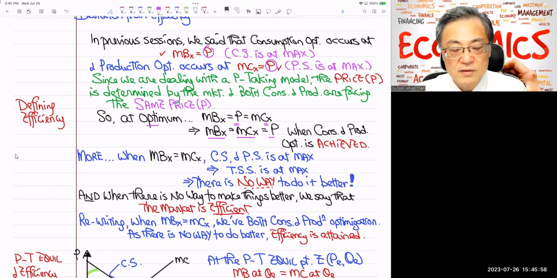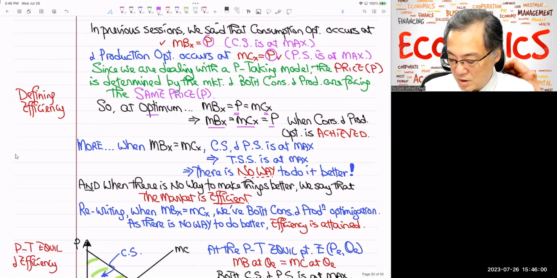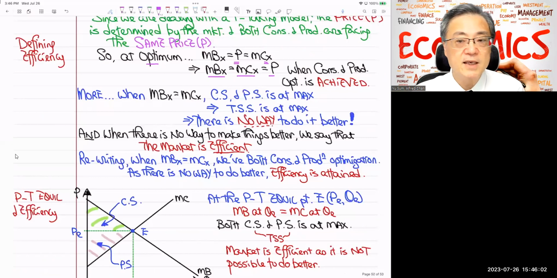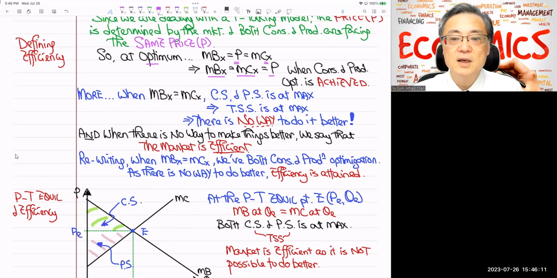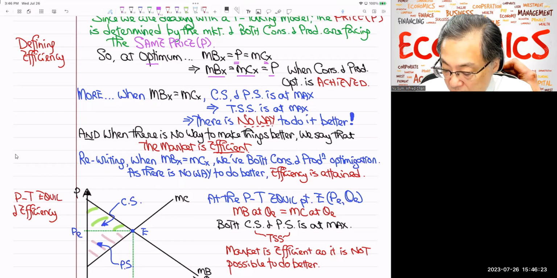Now, further elaboration: when MB of X equals MC of X, where X represents the unit, the fifth unit, the sixth unit, consumer surplus and producer surplus are at maximum. So what do we get when we add them both together? We get total social surplus.